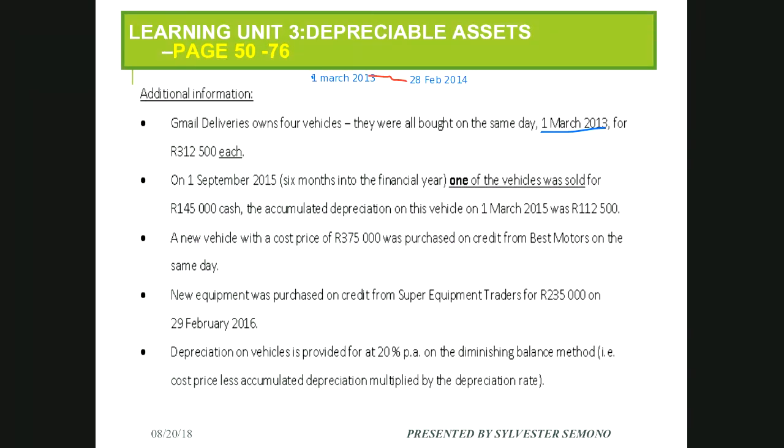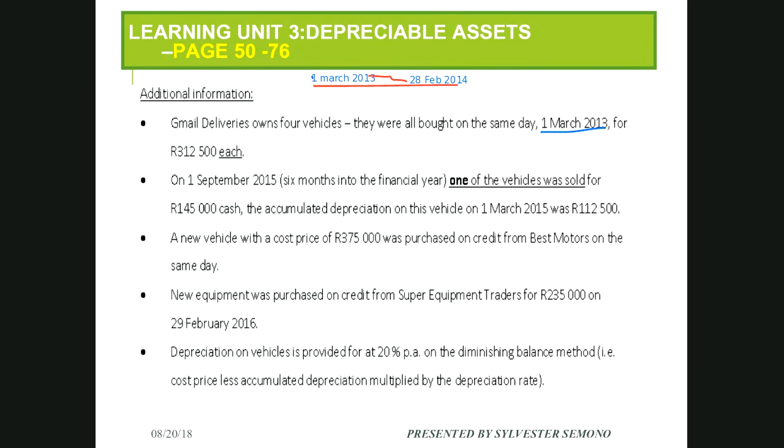Remember, I must depreciate every year till I sell the asset. So we're going to find depreciation for this period. What is the cost of the asset that I'm trying to depreciate?